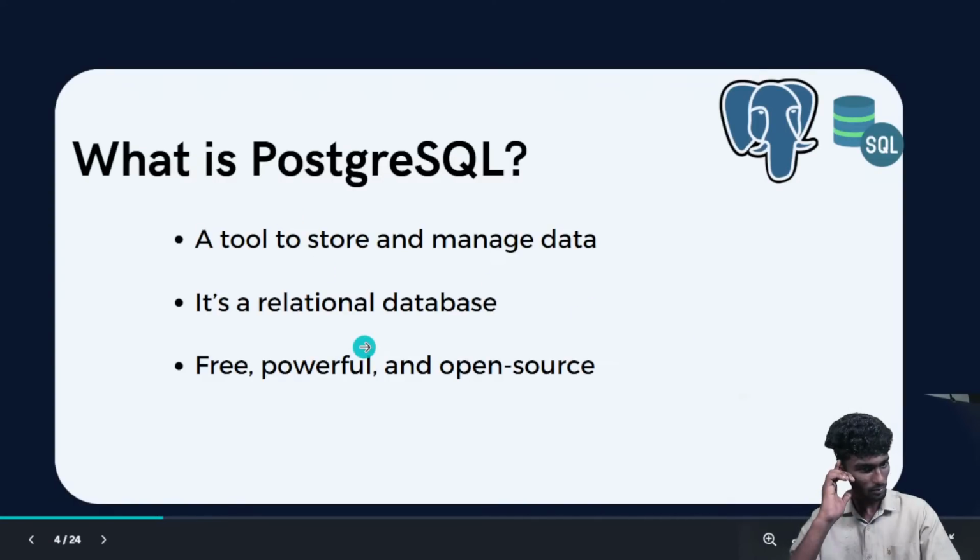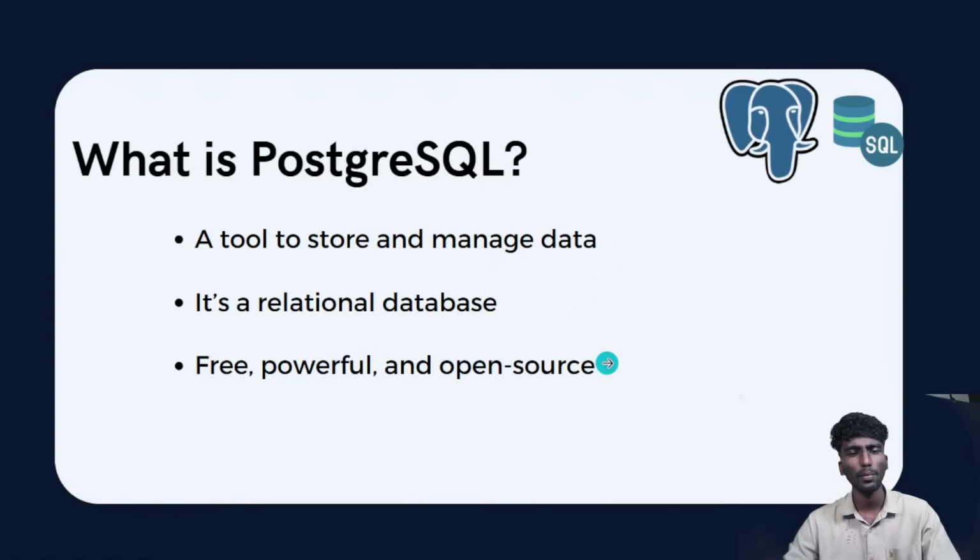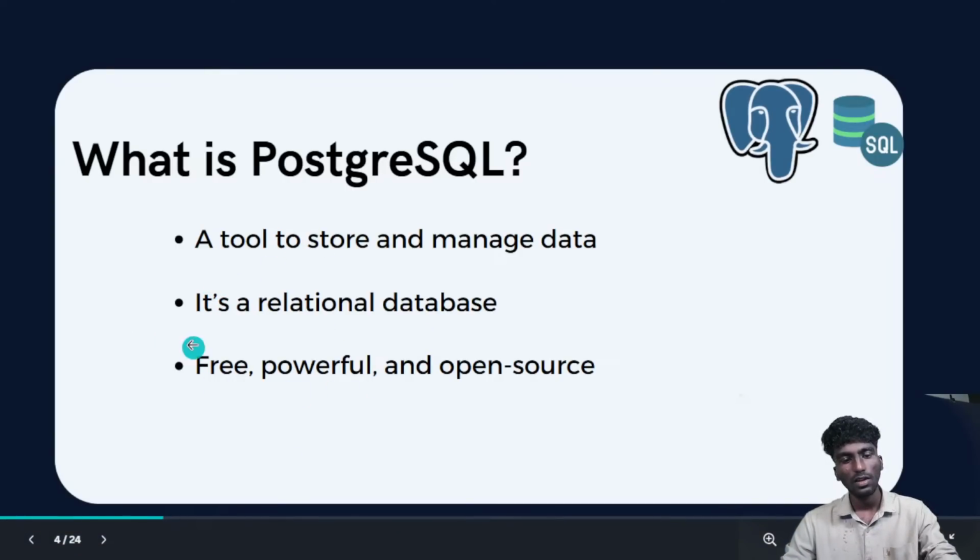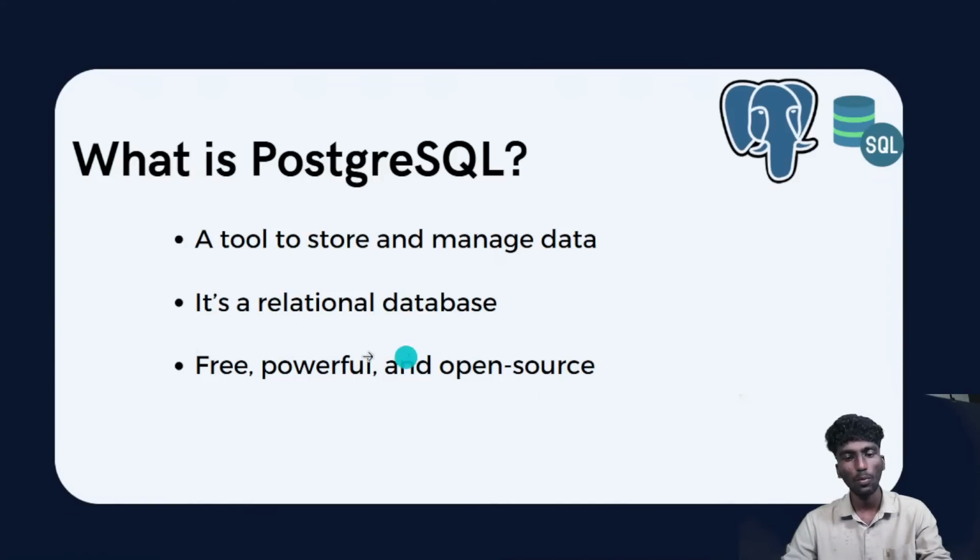Why do we store data in tables? Because that way we can access data easily, since it can be related to each other. And it is powerful and open source. It is free software and very powerful compared to other software.